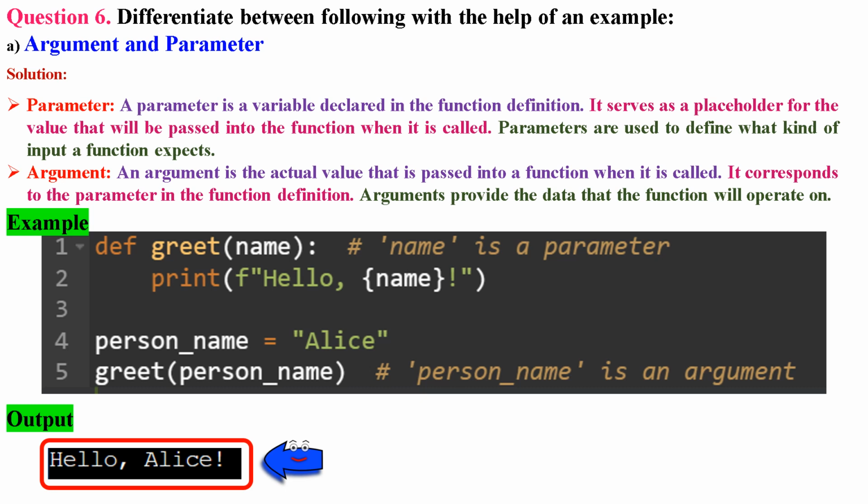F-strings are denoted by a lowercase f or uppercase F prefix before the string literal. F-strings are particularly useful for creating formatted output because they make it easy to include variables and expressions within strings, improving code readability and maintainability. They are a powerful tool for string interpolation and formatting in Python.